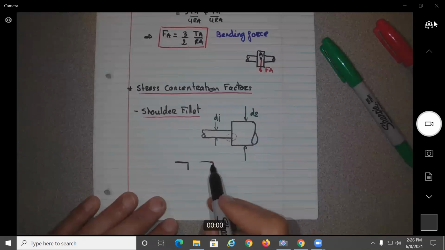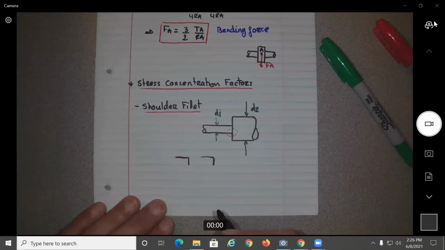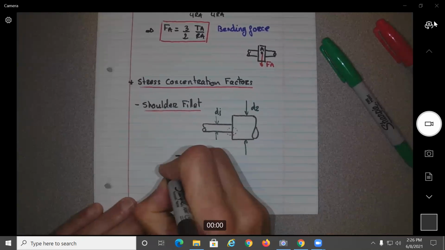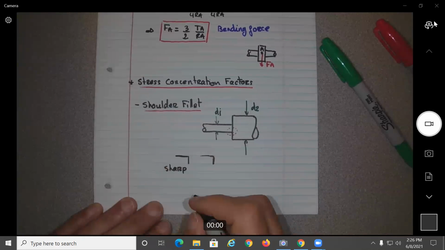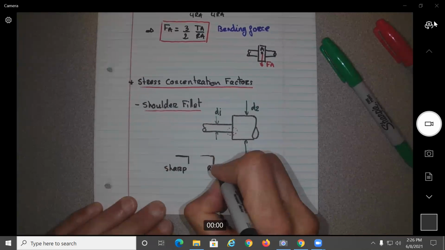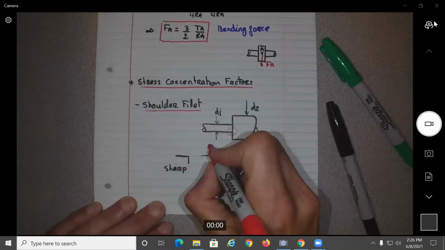You do a fillet of different angles. In that case, what's going to happen? Let's say this is sharp, and this is rounded. I'm talking about this section over here.